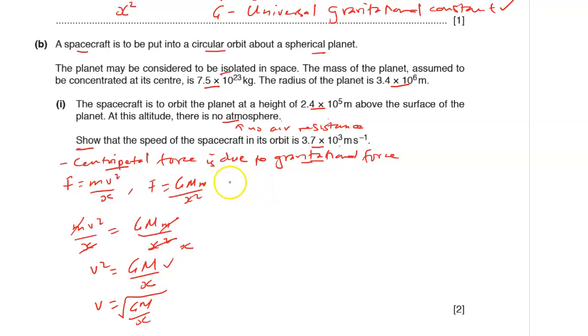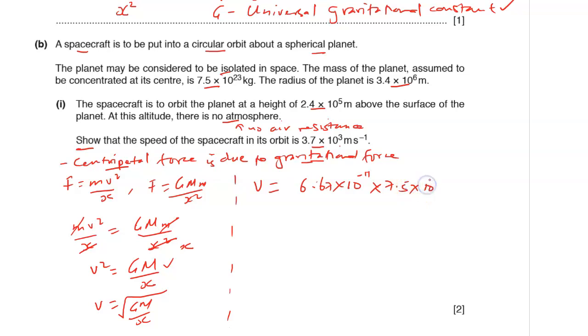So we know the value of G, so speed is equal to the square root of 6.67, you can get this from your data in your question paper, times 10 to the power minus 11 times the mass given here, 7.5.